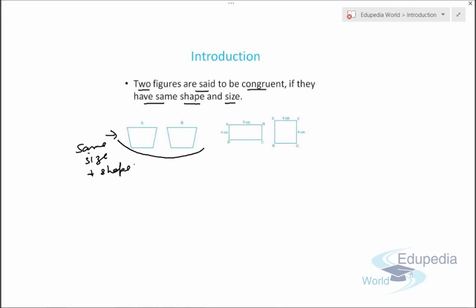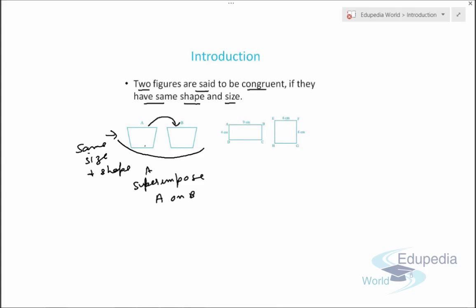If we can fit this figure onto this, or we can say if we can superimpose A on B, then figure A will exactly fit on figure B. Then we can say that these two figures are congruent.